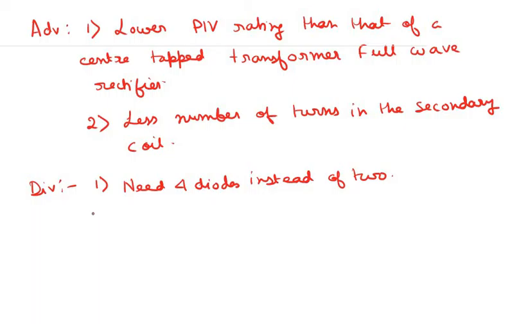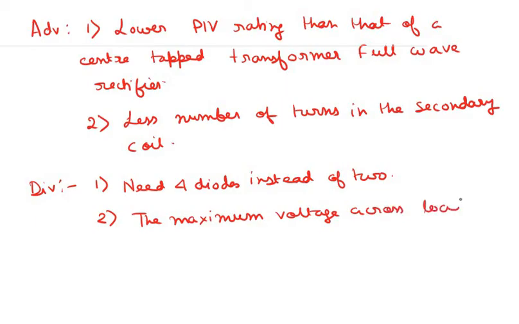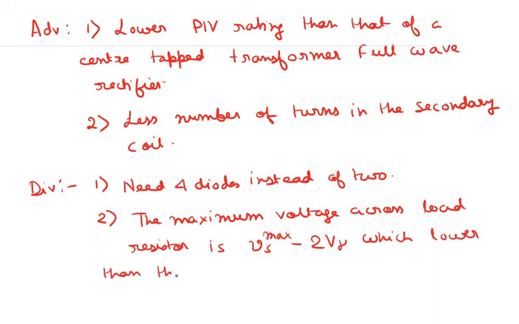And then the maximum voltage across the load resistor is Vs max minus 2 V gamma, which is lower than that of a center tap transformer full wave rectifier.